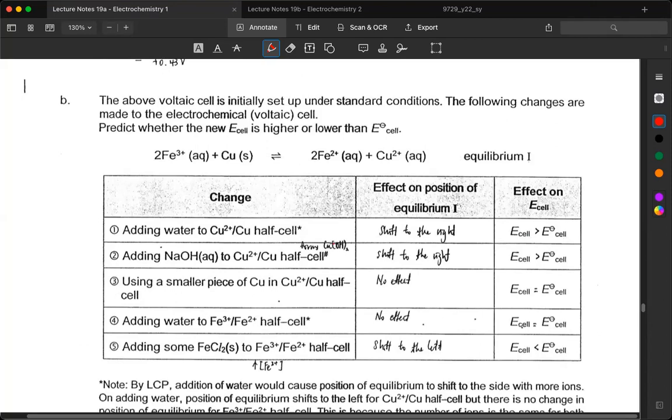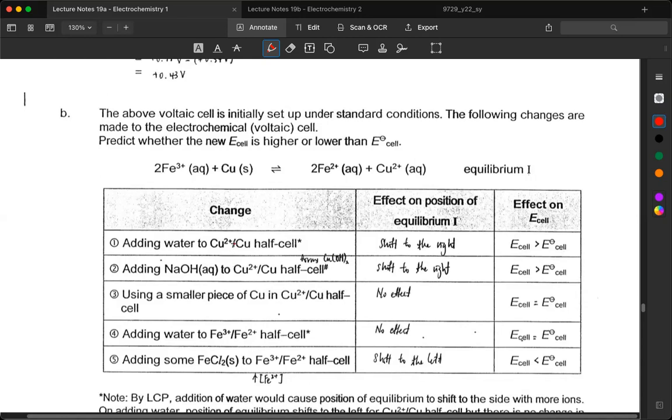So you have to add something. Okay, so this one, if you add water to the copper 2+ copper half cell, the equilibrium position will shift to the right because you add water. Okay. So the E cell will be greater than E0 cell. Why?